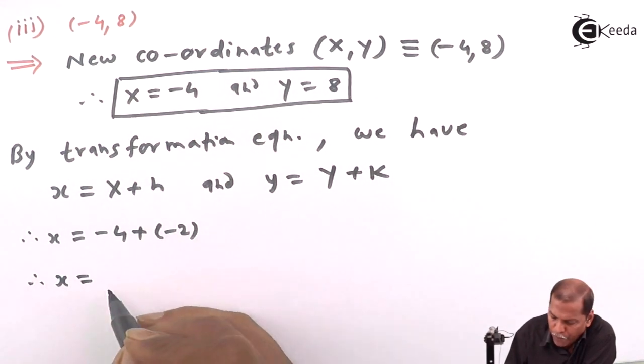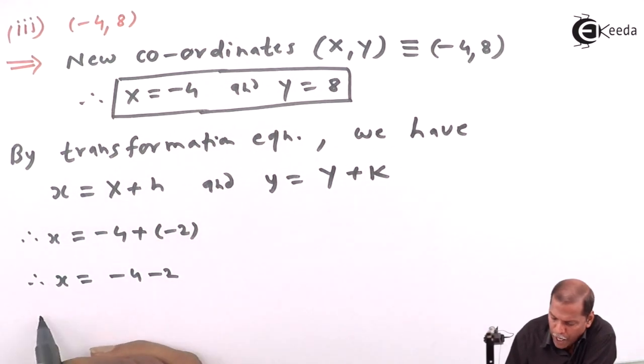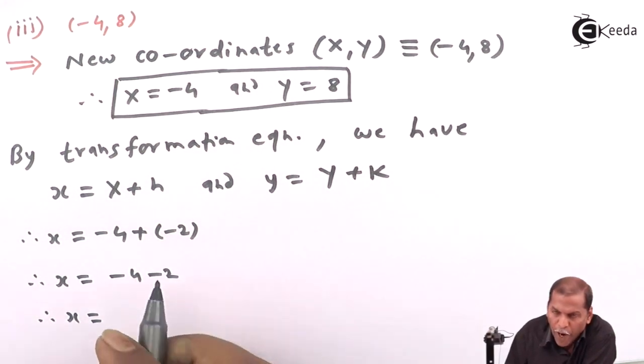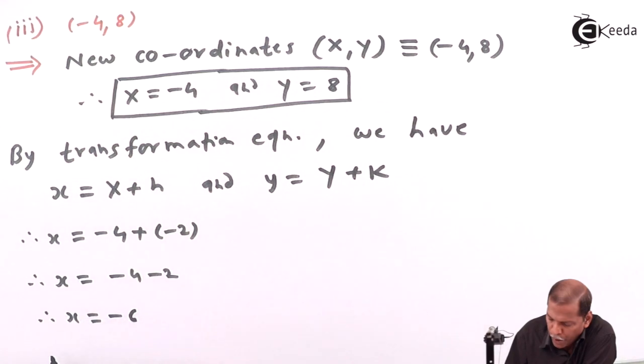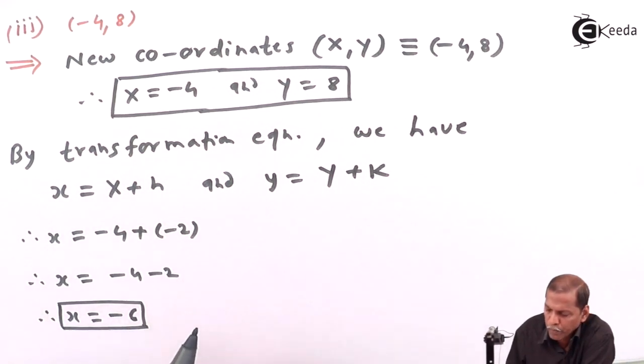On simplifying further, we get x is equal to -4 -2. So finally we get the value of small x is equal to -6.